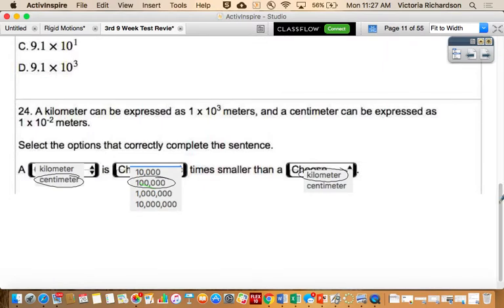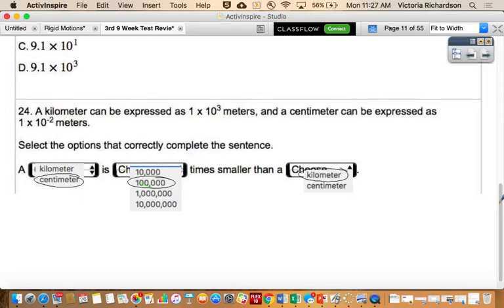24. A kilometer can be expressed as 1 times 10 to the third meters, so that means 3 zeros. And a centimeter can be expressed as 1 times 10 to the negative 2 meters, so that means you have a decimal and 2 zeros after it. So we complete the options: a centimeter is 100,000 times smaller than a kilometer.